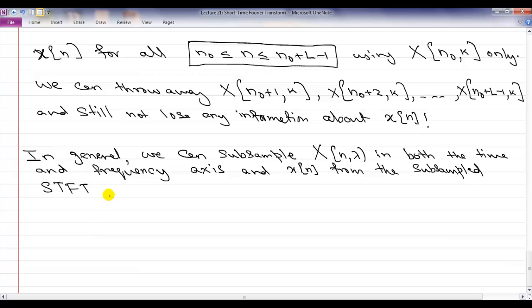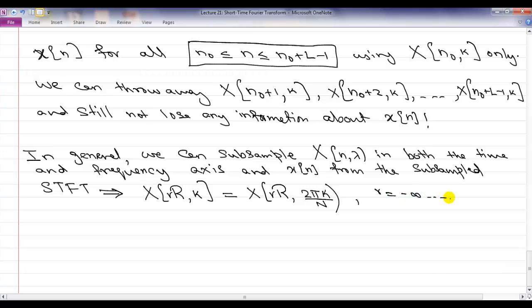The subsampled short time Fourier transform can be written as X of rR, k, which is equal to X of rR, 2 pi k over N, where r goes from minus infinity to infinity and k equals 0, 1 up to N minus 1.